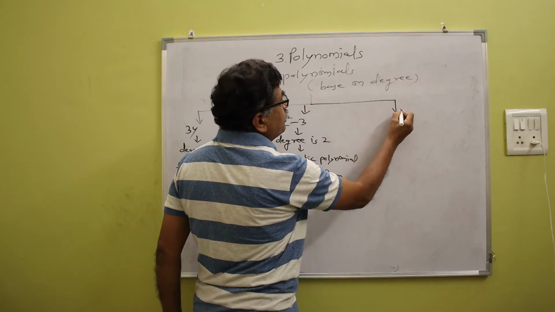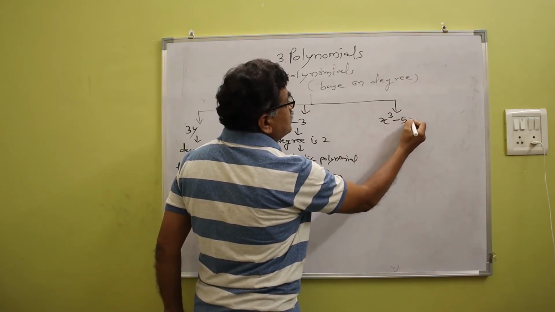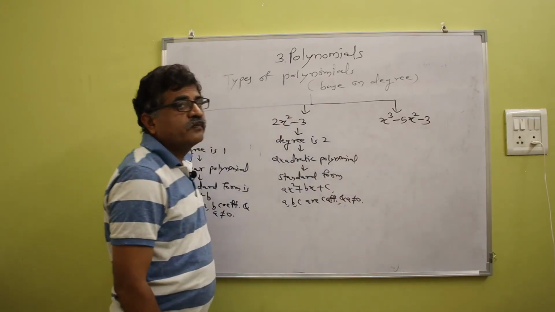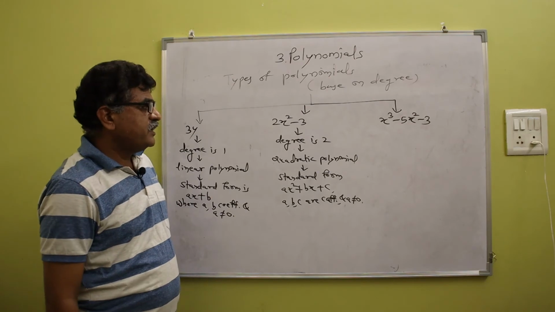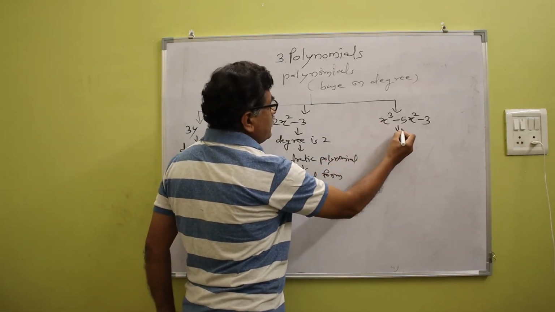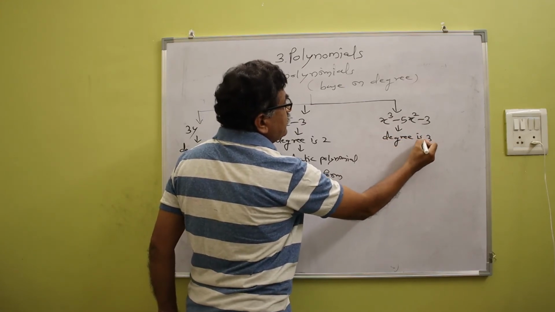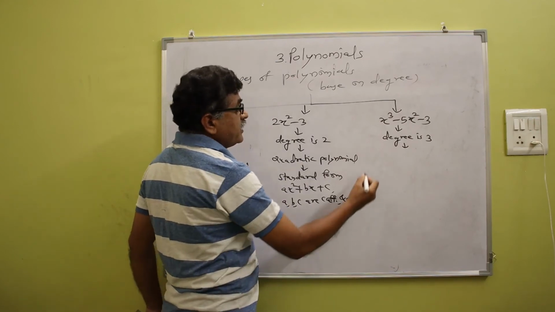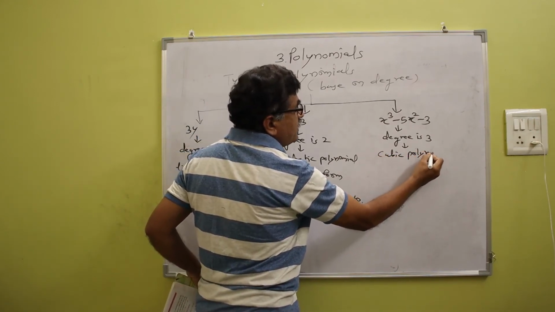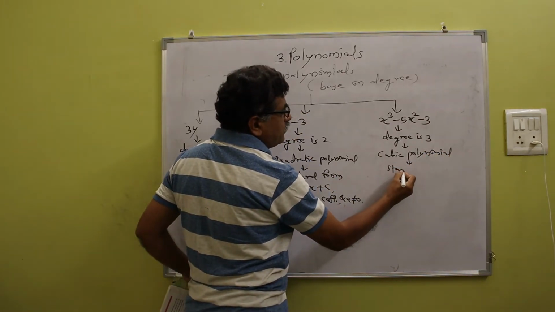And third, x cube minus 5x square minus 3. Now this contains, the highest power of index is 3, therefore its degree is 3. Degree is 3, therefore a cubic polynomial.